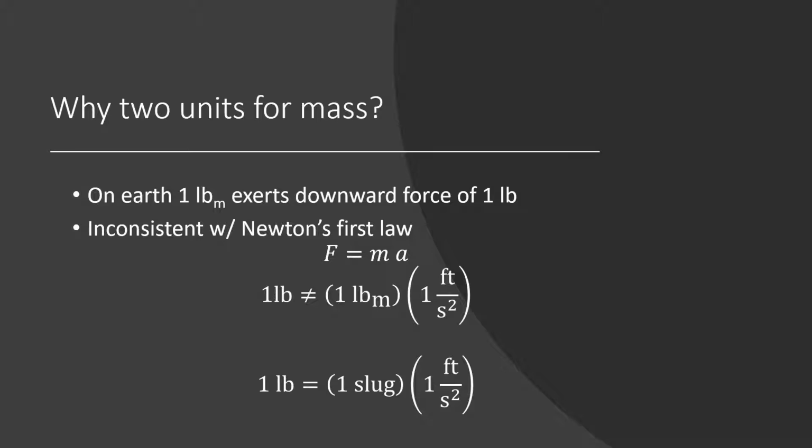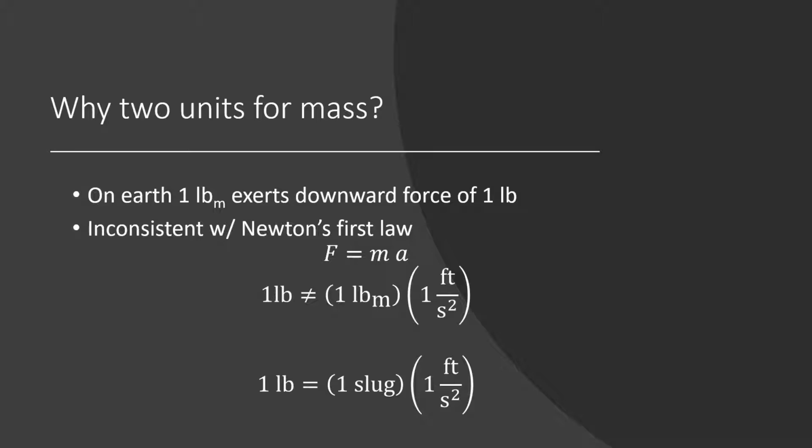So, for example, if you write 1 pound equals 1 pound mass times an acceleration of 1 foot per second squared, that does not equal 1 pound. Typically, they use that equation and apply a little fudge factor, a g sub c, like a conversion factor to get it to equal 1 pound. But you probably want to avoid that.